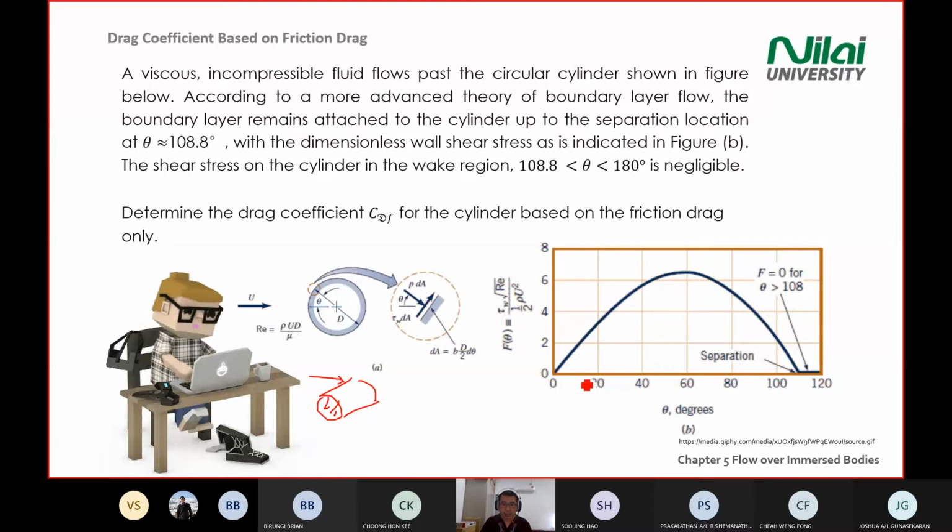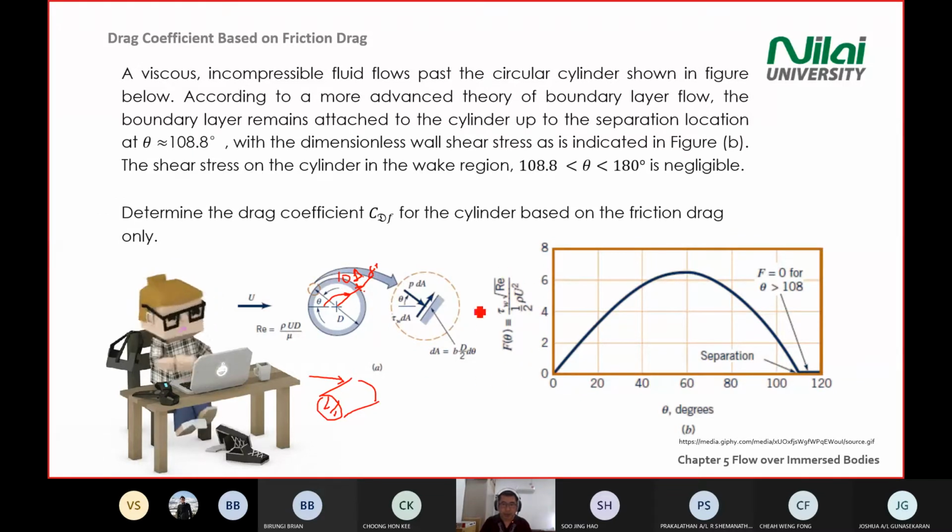If you measure at each angle, for example 0, 20, 40, and then up to about 108.8 degrees, there is no more force. If you put a sensor here, there's no more force measured, so you measure 0 at this location. This is the experimental graph collected from experiment.